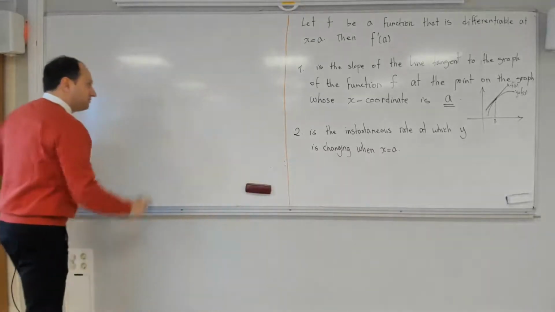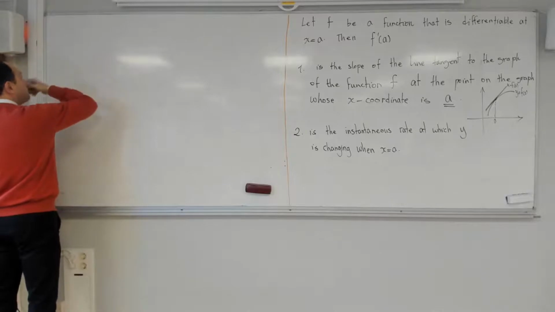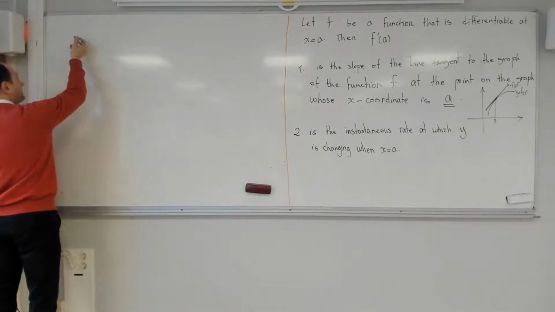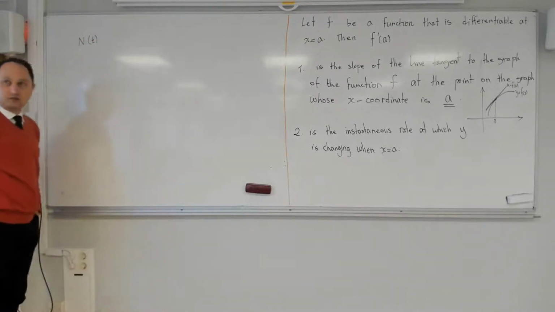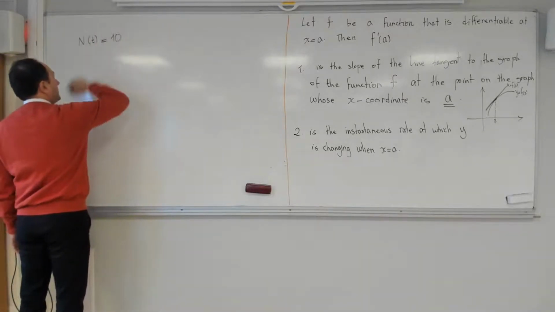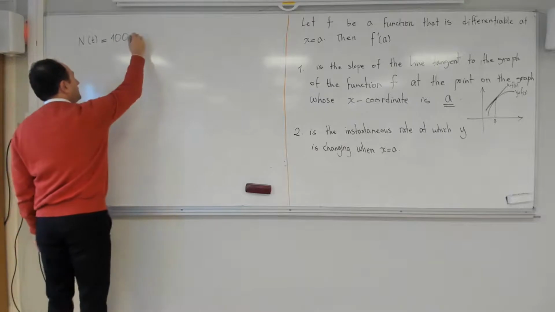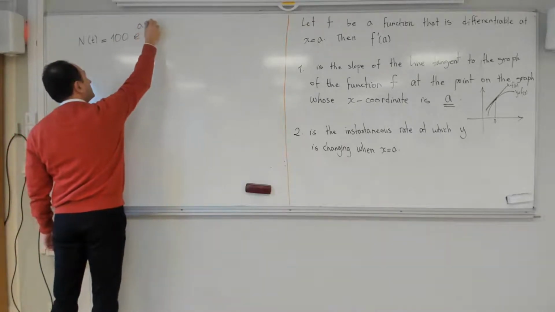For example, this is probably the very famous one: assume that you have a bacterial culture, I would say, if I'm right from the English point of view. Assume that you have a bacterial culture, and there is a model for the number of bacteria inside that culture. For example, you start from this crude model: N equals 100 e to the power 0.8 t.